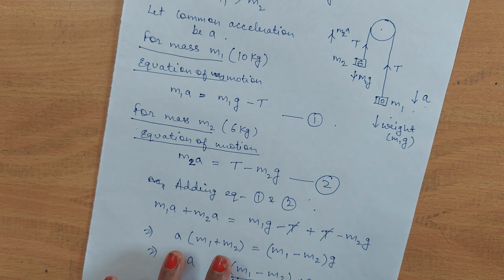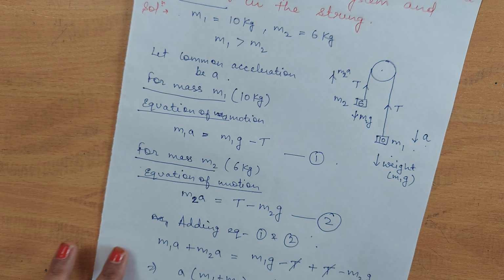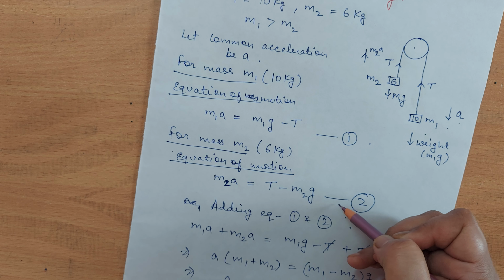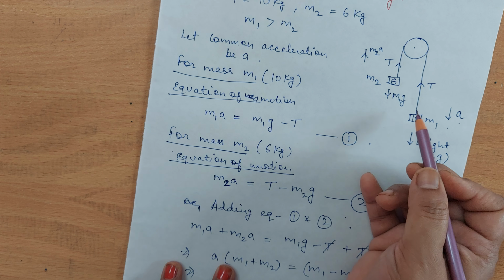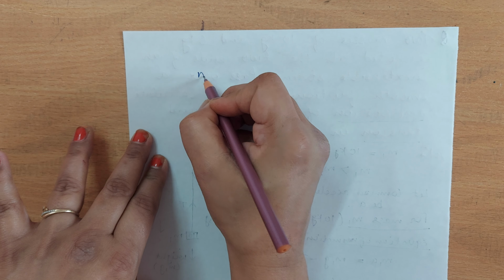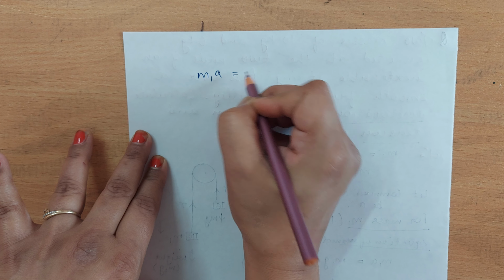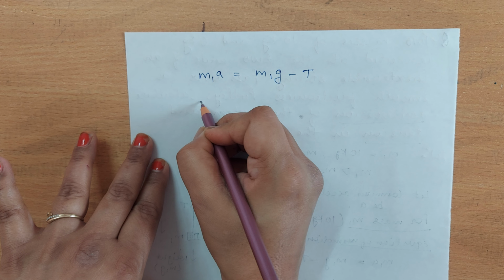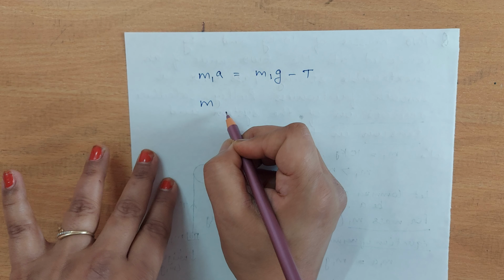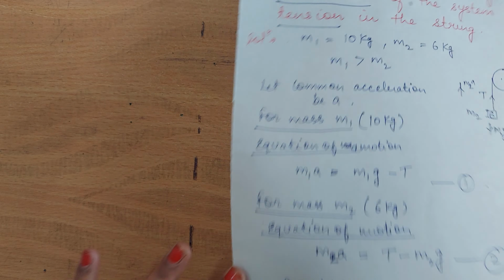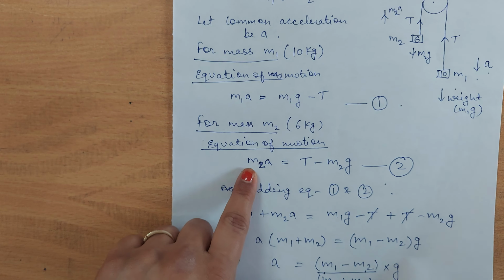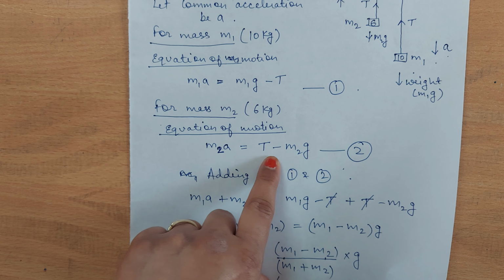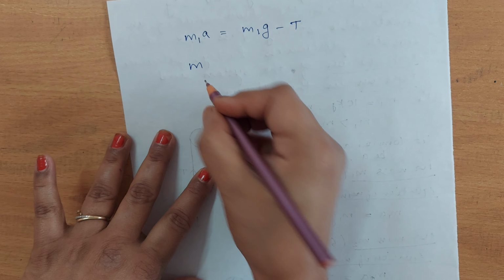Now let's calculate tension. Again we will use these two equations for calculating tension in the string. The first equation is m1a is equal to m1g minus T, and the second equation is m2a is equal to T minus m2g.